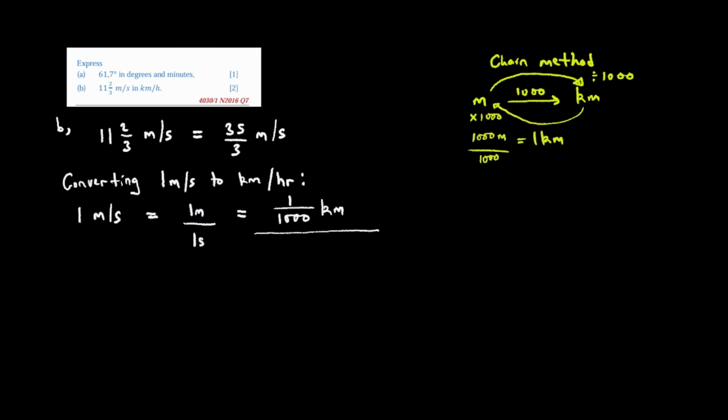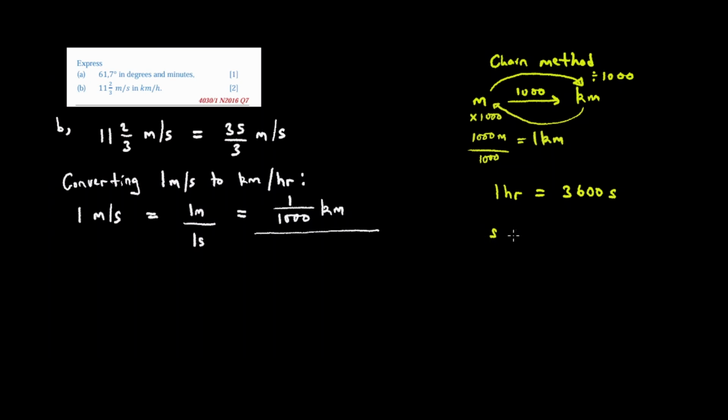So when we talk about 1 second, I think this should actually be in your memory. 1 hour is 3600 seconds. 3600. Very important. You should know this. It comes from the chain method.